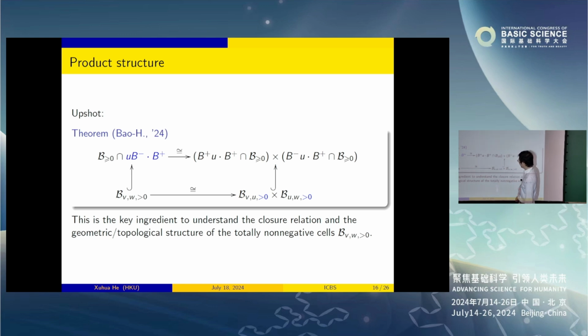What we do here is, if you start with an element u lying between v and w, then we know this can be written as a product of these two. If you forget about the upper part, this is a trivial statement. These are semi-algebraic cells of certain dimensions, because the dimensions add up; the left-hand side and the right-hand side coincide.